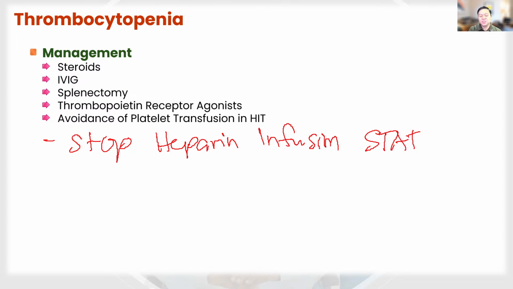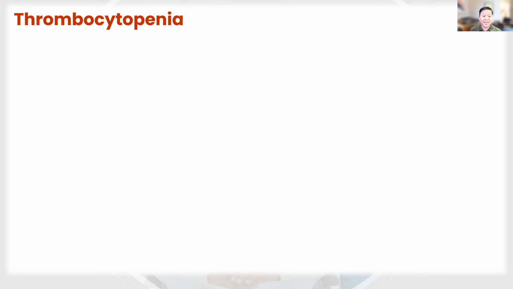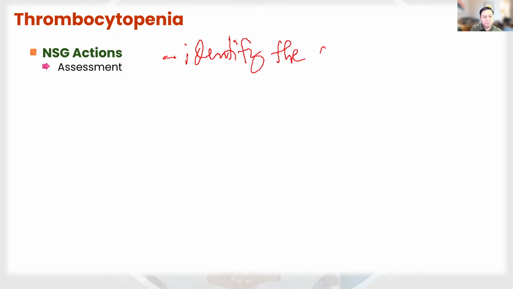Now let's move on to the nursing actions that will be very crucial in treating the thrombocytopenia of the patient, and this will also include the HIT. So what do we do here? We're going to have to assess the patient for the underlying cause of the bleeding episode. We're also going to evaluate the current medication, identify the cause. We're also going to review the medications.